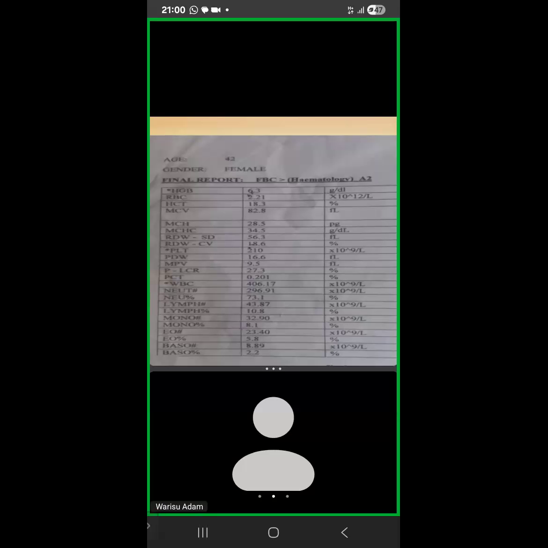So what is the next thing you can do in your lab? The next thing. Workups in hematology.